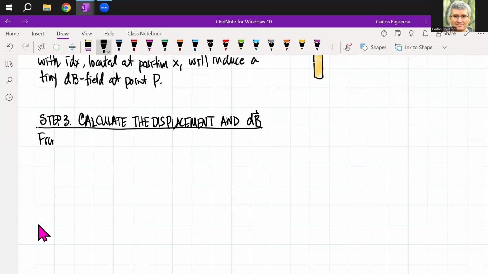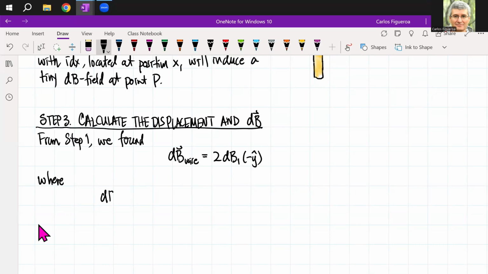So from step 1, we found that the magnetic field of the finite wire was equal to 2 dB1 in the negative y direction, where dB1 we already found was equal to mu naught over 4 pi times I dx times sine of theta over r squared.